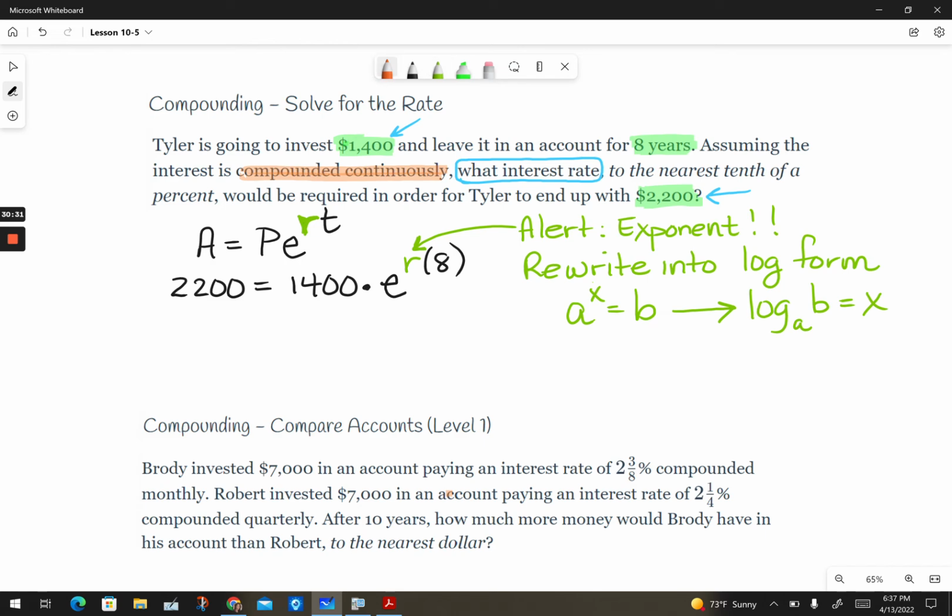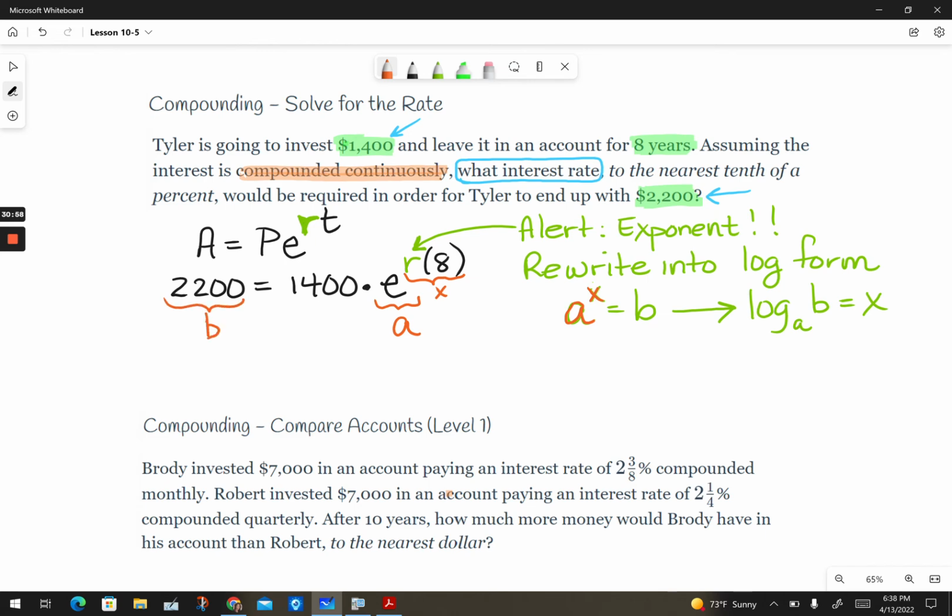So my 1400 needs to go away. So just like a problem or two ago, we need to get rid of 1400, not by erasing it. We are going to divide this side by 1400, and I'm going to divide this side by 1400 too.